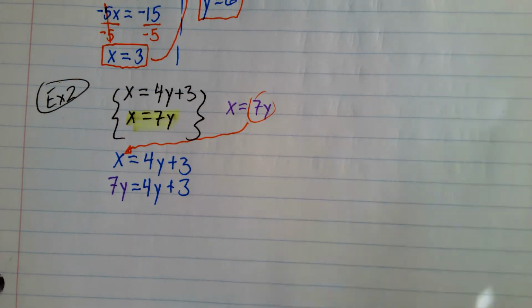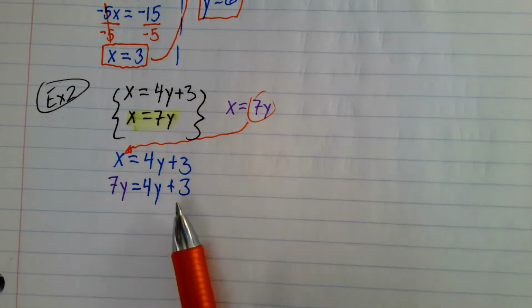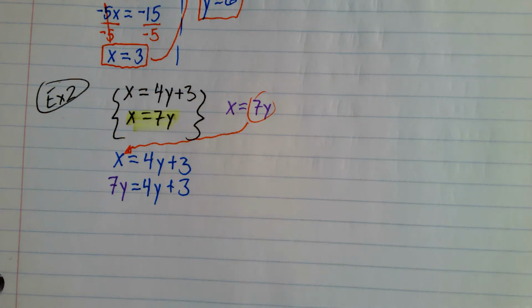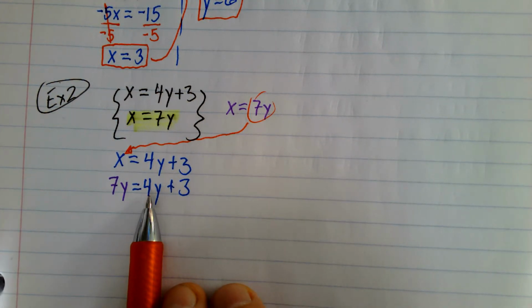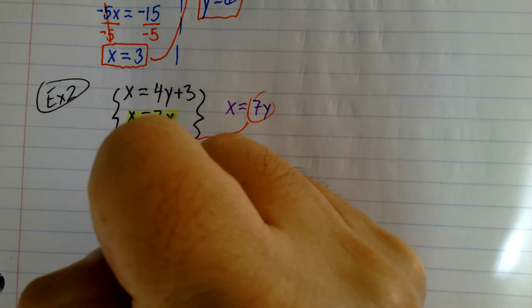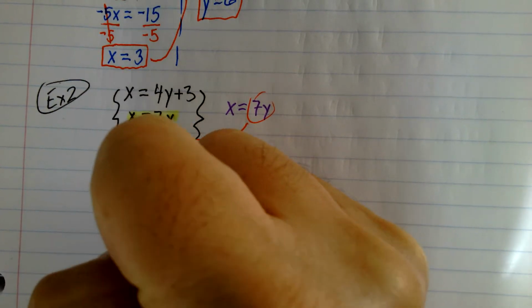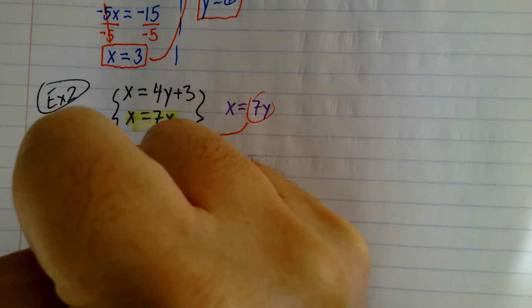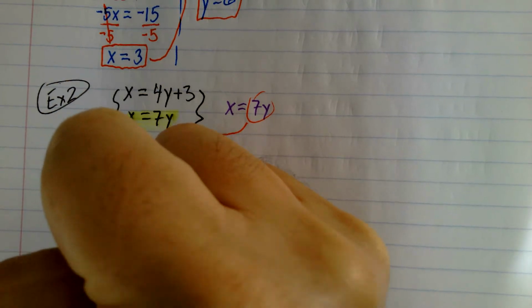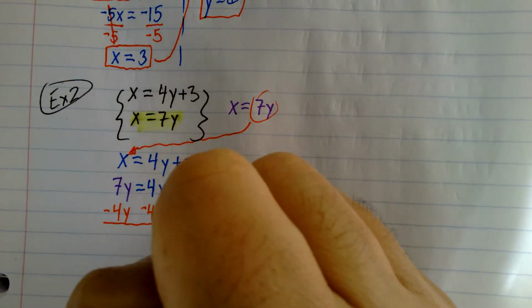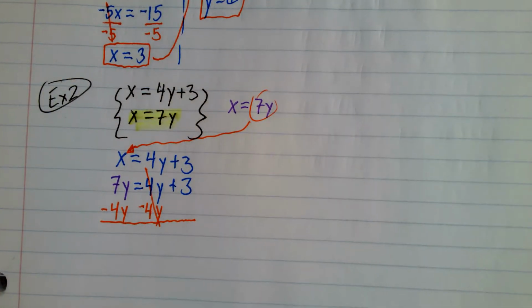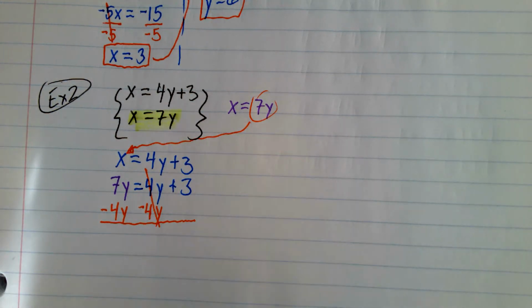So there it is. Now, I want to solve this. I got variables on both sides of the equation. I'm going to get rid of this 4y. So I'm going to do the opposite, negative 4y. Now do that on the left side as well. Okay?